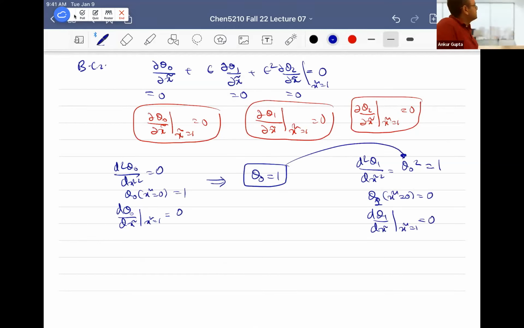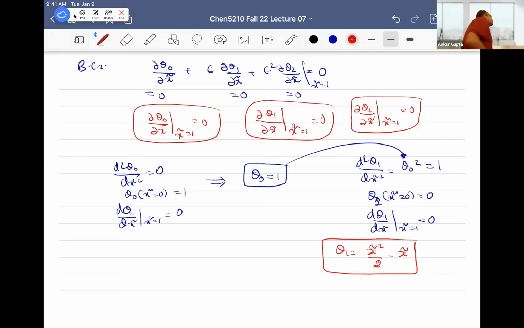So again, I get a solution that is possible, and I will just give you the solution. I apologize that we don't have time to go through these things in detail. Theta 1 comes out to be x squared by 2 minus x.